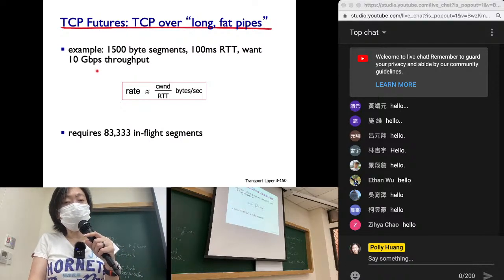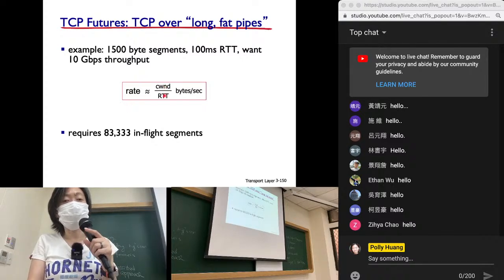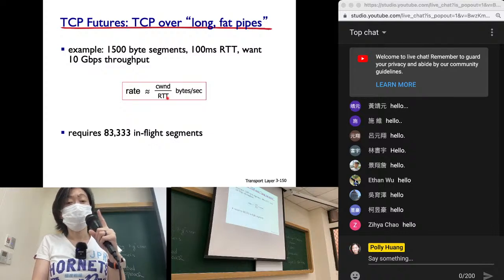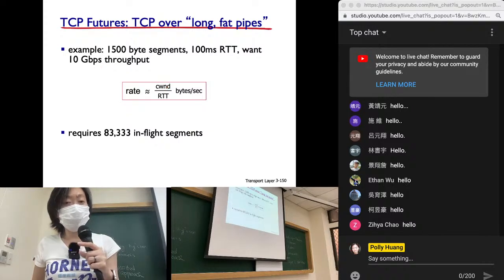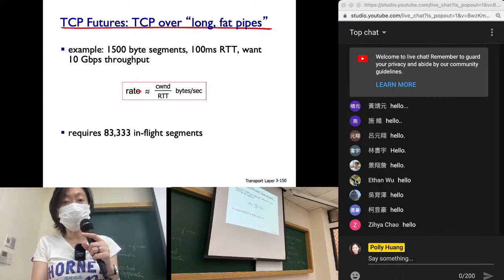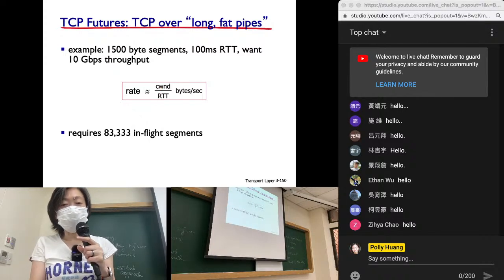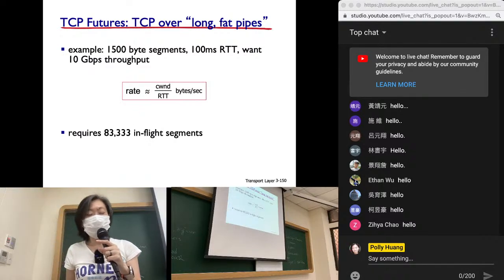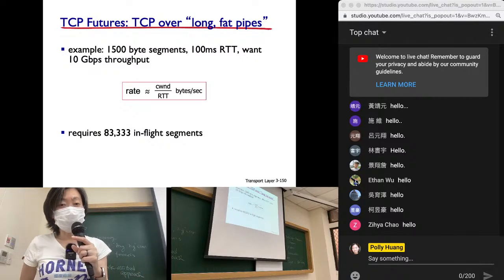The transmission rate of a TCP connection is essentially this: congestion window size divided by the round trip time, because amount of data we send within a round trip time is about this big. Now, if we want to achieve 10 gigabits per second, substituted here, round trip time is 100 milliseconds, then you get this, isn't it? The congestion window size needs to be this big. 83,333 segments.